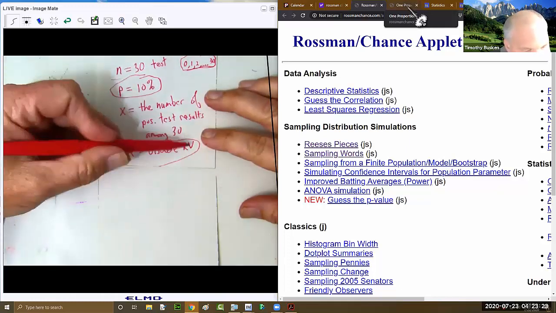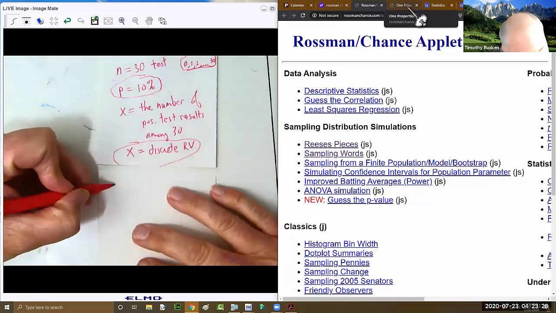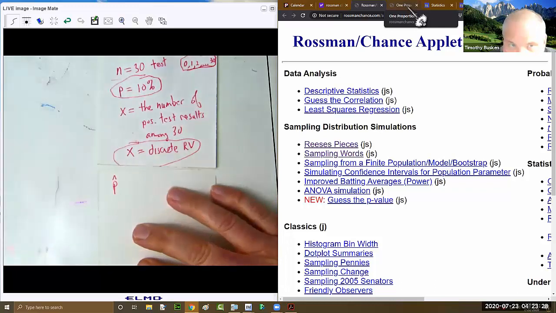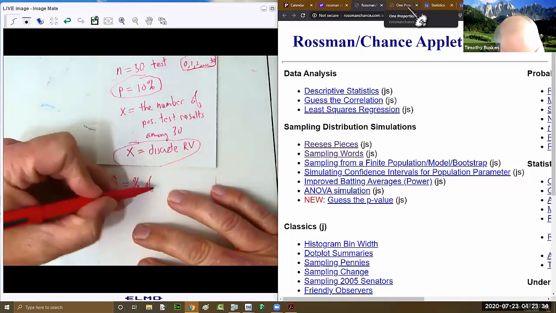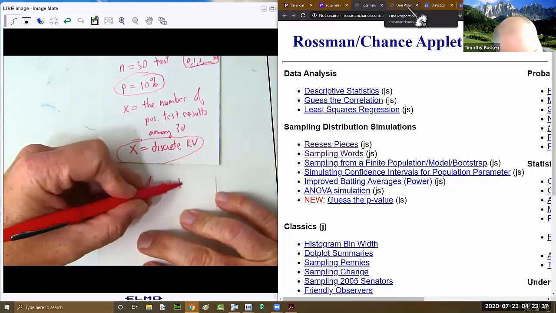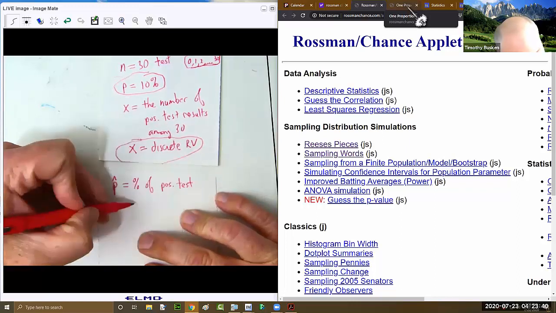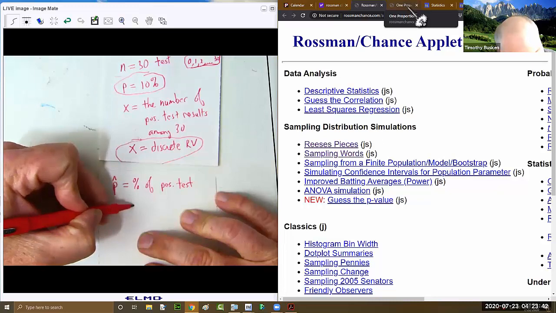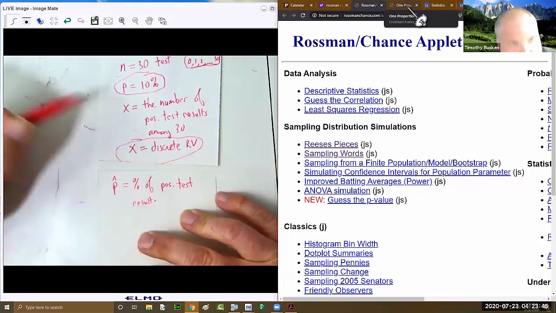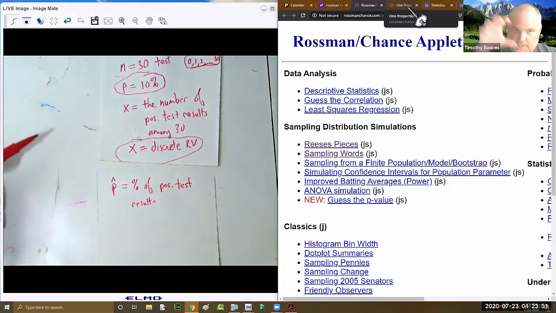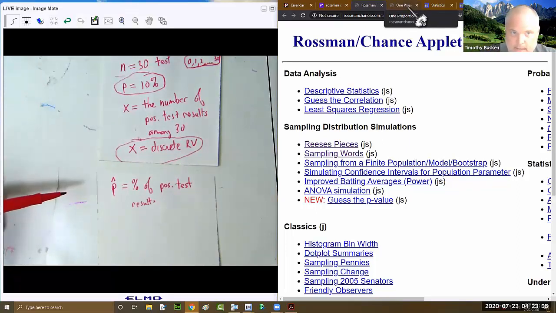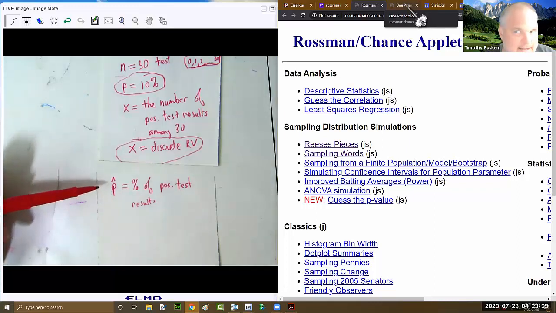X is a discrete random variable, but in our sample, we're going to get a sample percentage, a value of p hat. This will be the percentage of positive test results amongst the 30 people in the sample, and this number p hat is taken from the sampling distribution graph. In this context, p hat is a continuous random variable.